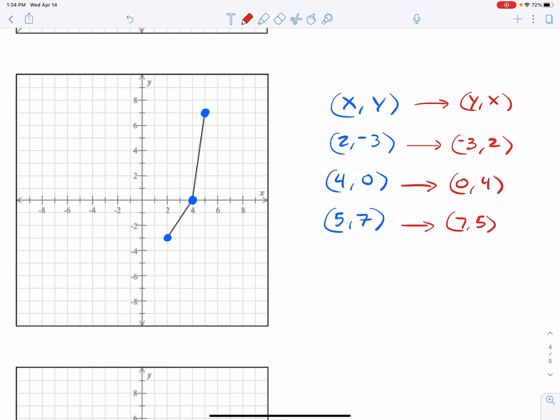So I have negative 3 on my x value, negative 3, 2. What is that, way up here? And then 0, 4. 0, 4 is right here. And then I have 7, 5. 7, 5 is right here. Let's connect the dots.